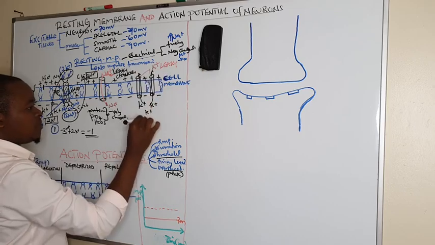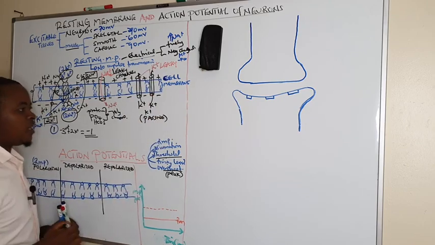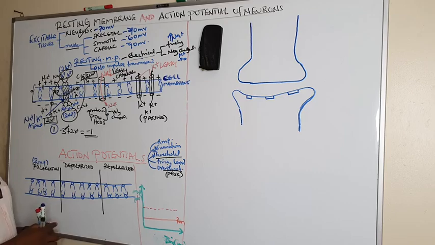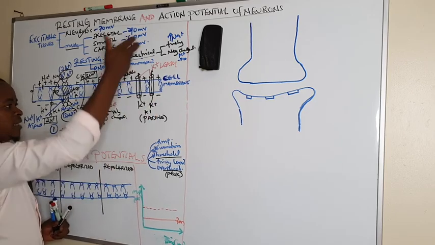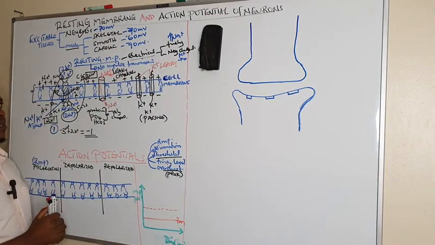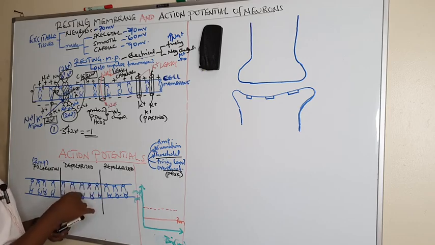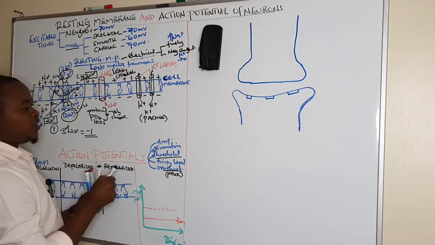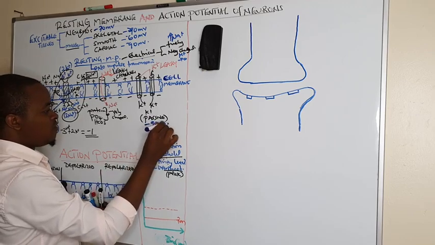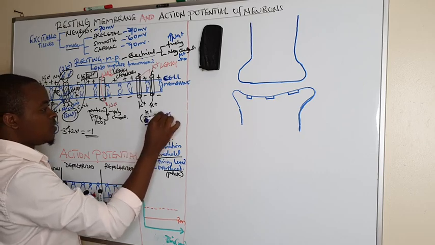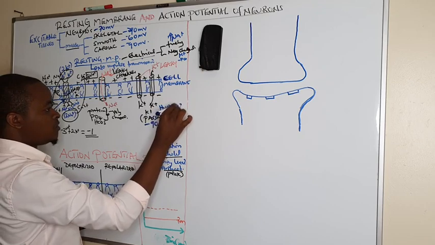This is passive transport. Because they are open, even after the resting membrane potential, some of the potassium ions still leak out of the cell. And when they leak out of the cell, they can lower the membrane potential even to negative 90 millivolts. And this can result in what we call hyperpolarization.